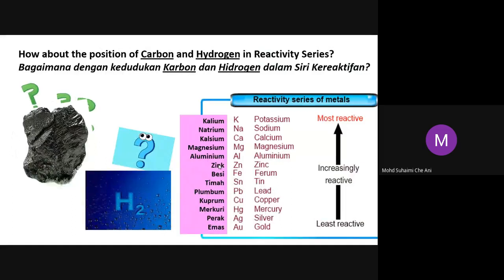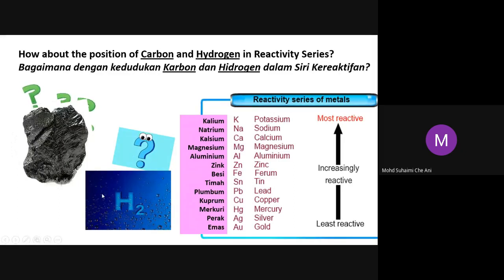Alright, for the next one, what you want to learn is the position of carbon and hydrogen. The list just now is only for the metals, but besides metals, carbon and hydrogen are also reactive. They also can react with another substance, but because carbon and hydrogen are not metals, they are not put inside the reactivity series of metal.